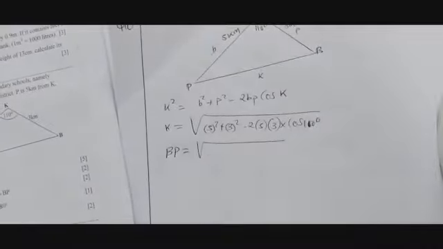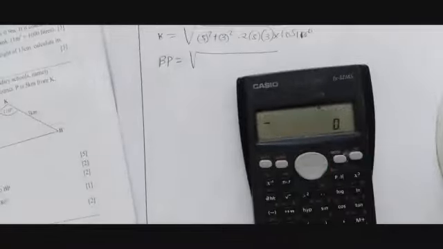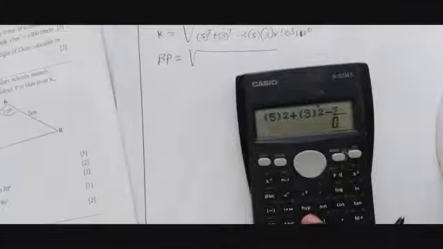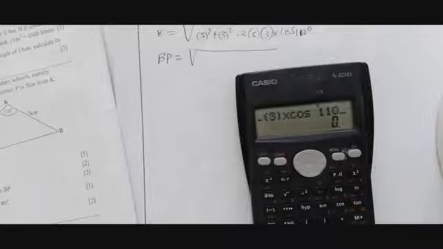So you're going to use your calculator and say 5 squared plus 3 squared minus 2 open bracket 5 times 3 times cos 110. Have you seen what we get?